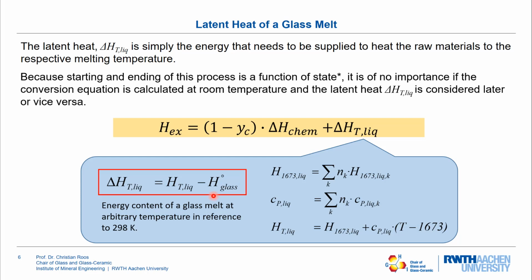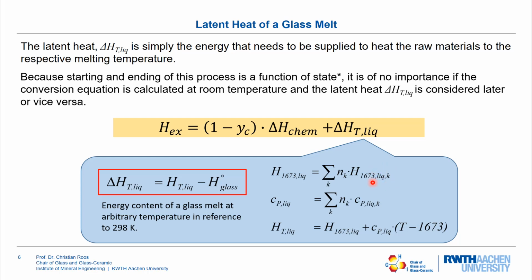The enthalpy of formation of the glass has already been determined in the previous slide, and the enthalpy content of the liquid phase, so of the melt, can also be easily determined by taking tabulated values of the enthalpy of the respective component in the melt times its mass or molar fraction. So again, we take here the concept of the constitutional phases.